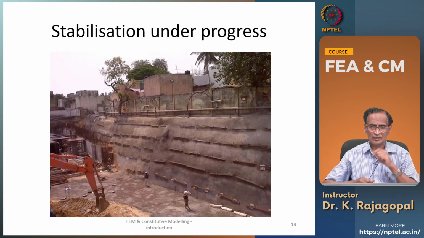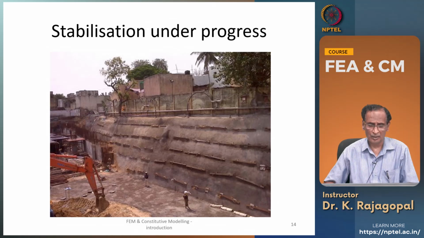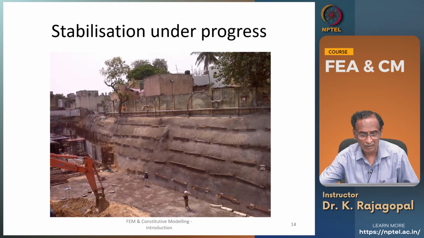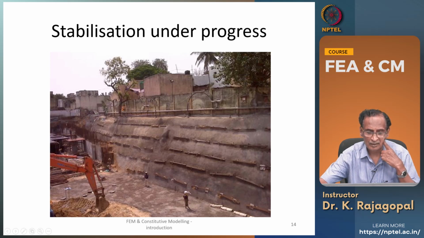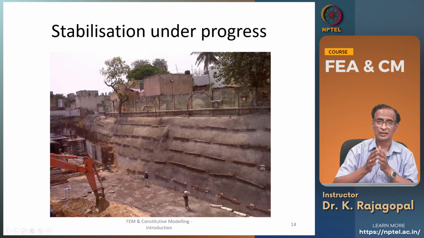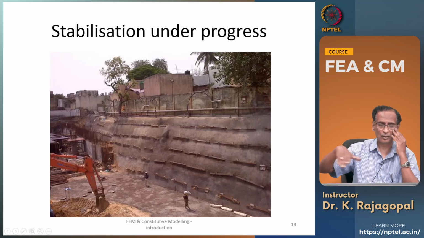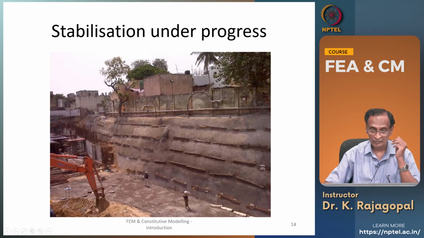Okay. So, now let us see some problems that we can come across, and how we can do some numerical simulations. See here what you are looking at, it's a deep excavation, and there are some buildings just outside of this construction area, and this particular deep excavation is supported by soil nailing, and especially some of these rows are pre-stressed.